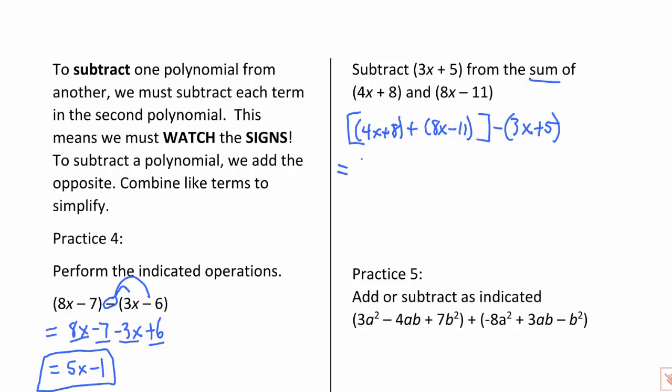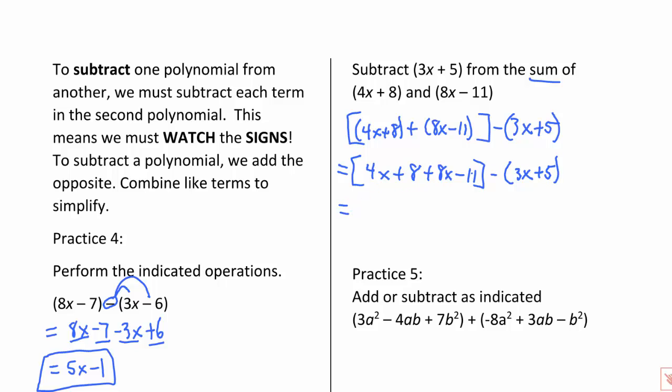In the square brackets, we can just ask what do we do? We're adding here, right? So because we're adding, we effectively just drop the parentheses for these two. So that's going to give me 4x plus 8 plus 8x minus 11, and then minus the parentheses 3x plus 5.